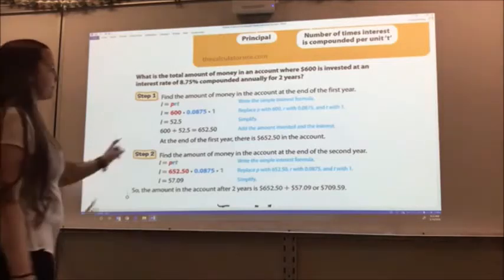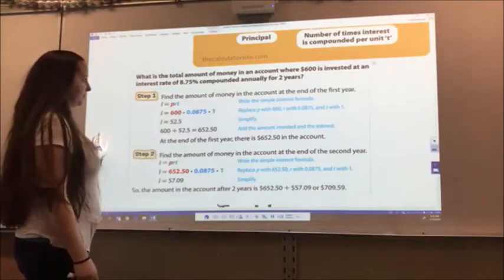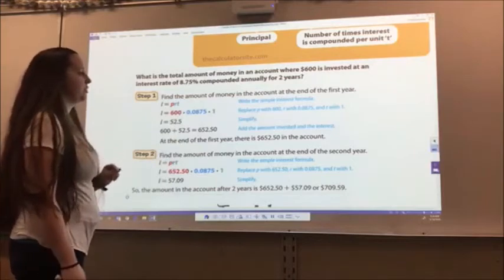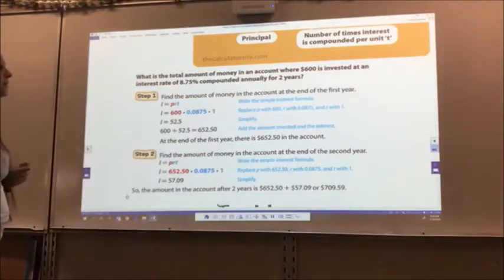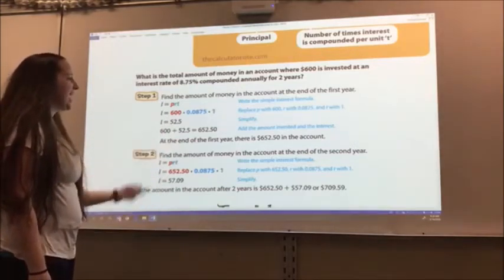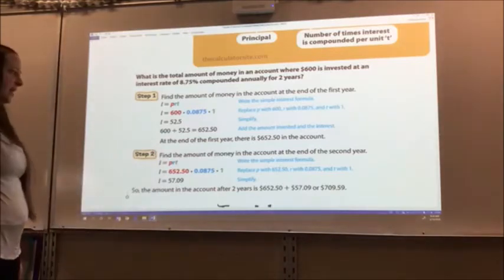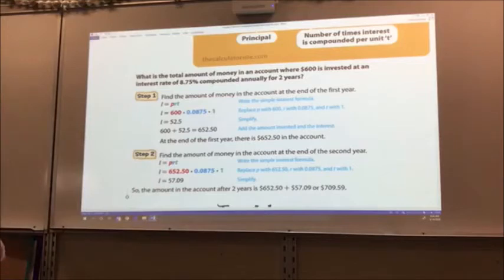So again, I equals PRT, 600 times my interest rate, which is 0.0875 times 1. Okay, so that's for 1 year. I get $52.50, so I add that to my principal, so I get $652.50. So at the end of the first year, there's $652.50 in the account.